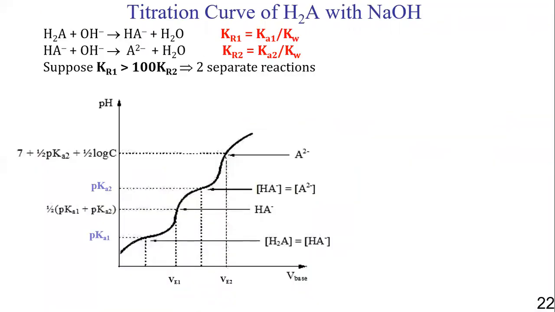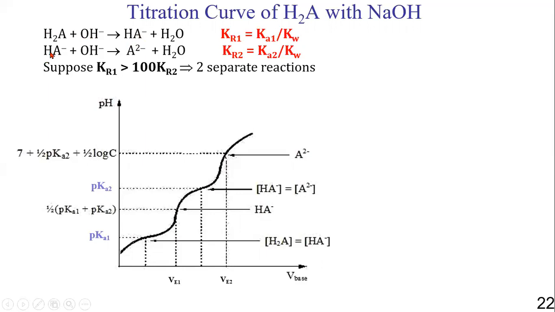Now let's look at a little bit more detail and a little bit more calculation of the pH points in a diprotic calculation. So here we have the H2A again reacting with OH minus in a one-way reaction. We always assume that the K of the reaction is complete.